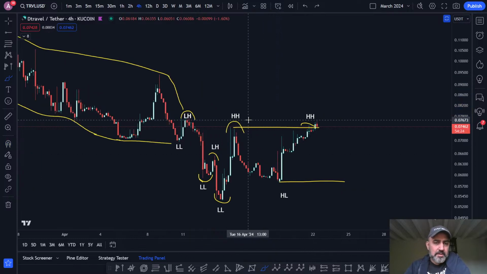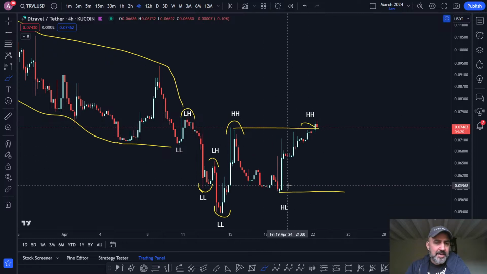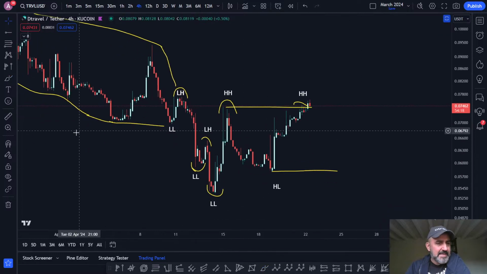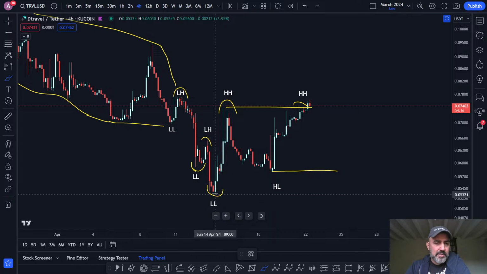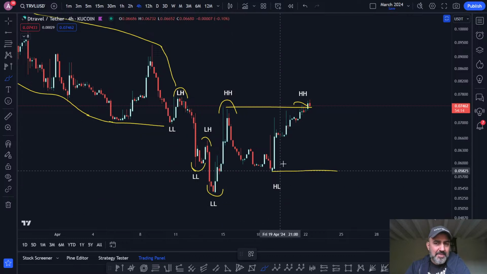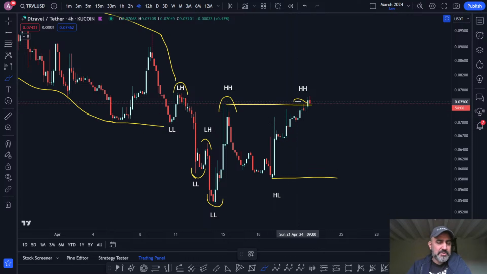Now after you put in a higher high, you have to put in a higher low, i.e. you mustn't take out this lower low, and then you have to take out the original higher high to make a higher high. It doesn't have to be with a close, it can just be with a wick. The price just has to trade through the high to make a higher high, to put in a pivot effectively.